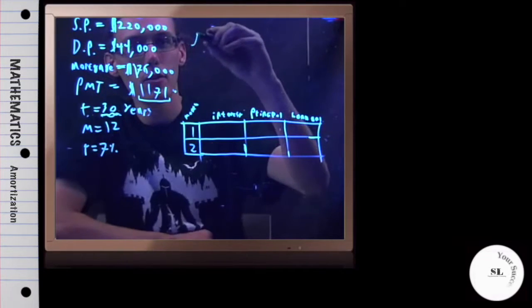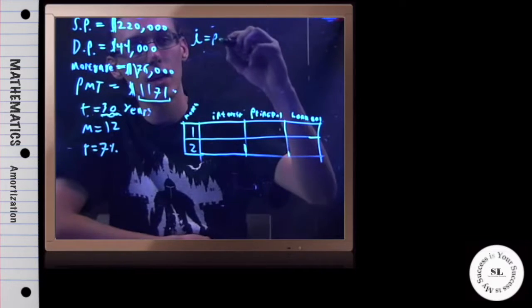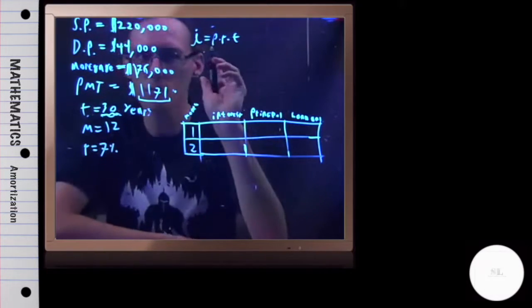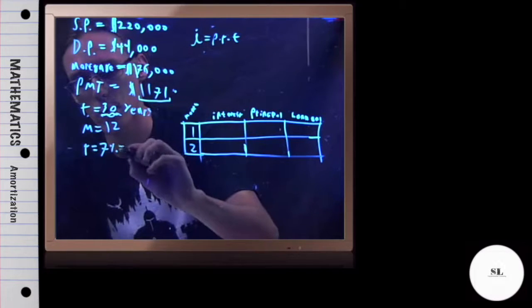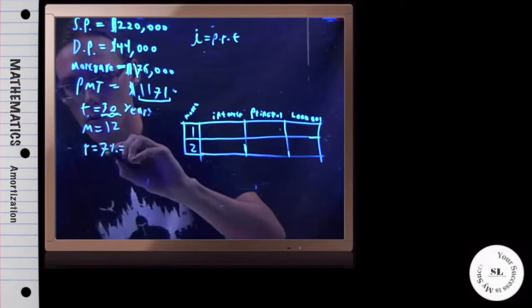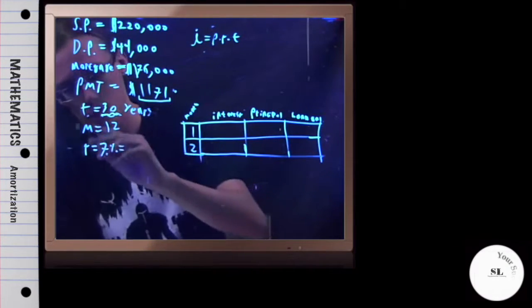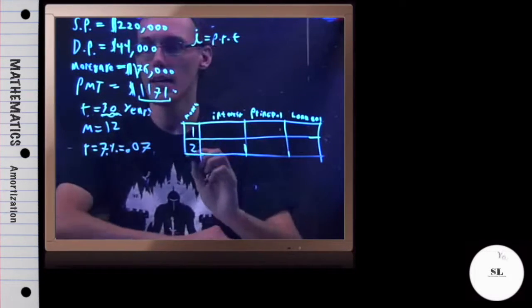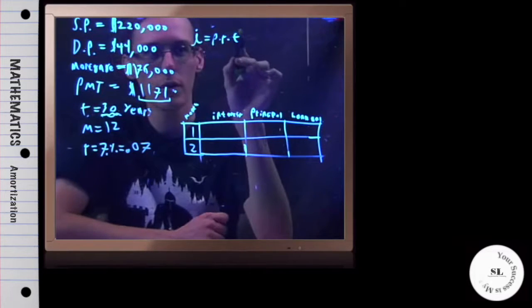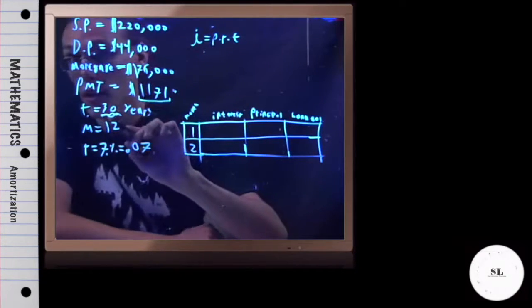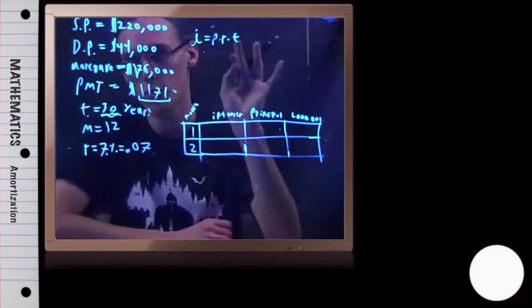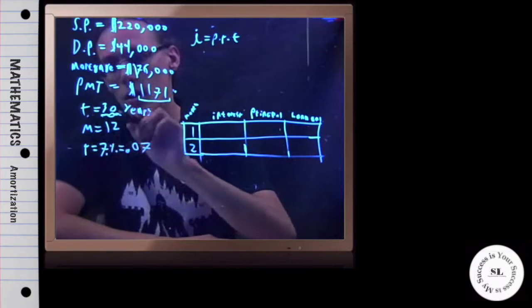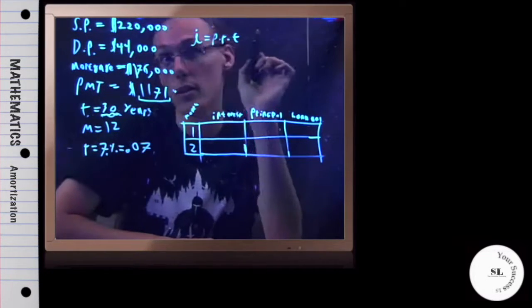So remember, interest is equal to principal times rate times time. Right off the bat with this rate here, I should probably convert that to a decimal. So 7%, if I take 2 hops, is going to be 0.07. Now, the other confusing bit is, remember, whenever we use t here, we're not using 30 because we're not computing the interest one time 30 years later, but we're computing the interest every single month.